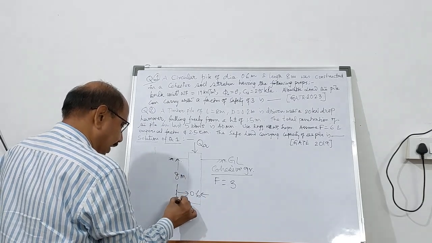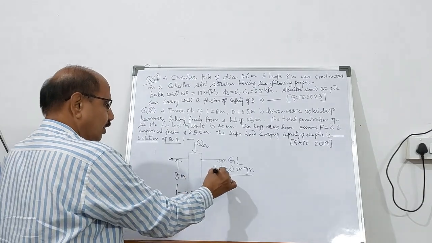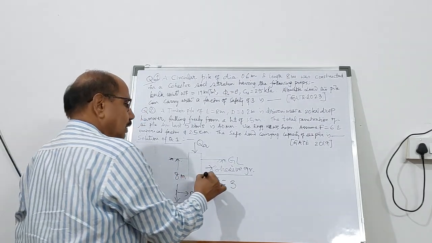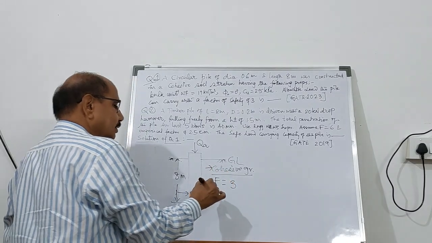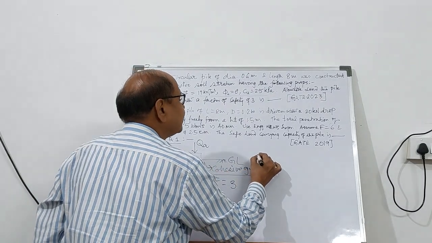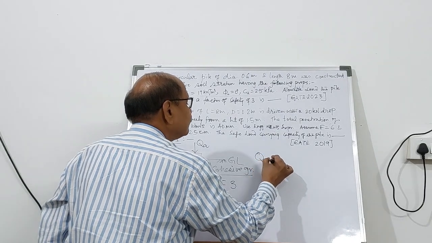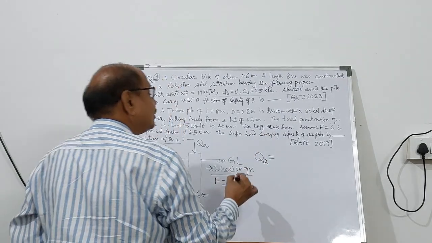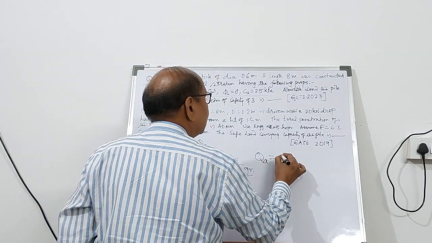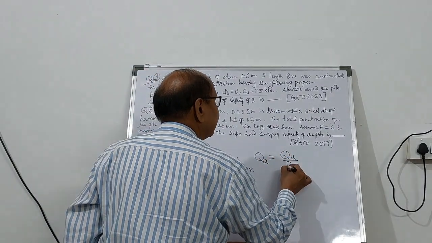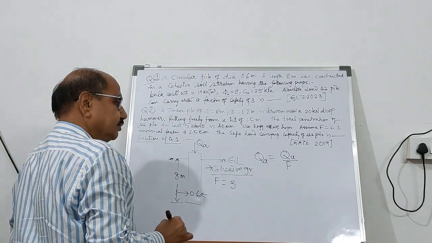So in a cohesive bed, when the ground is cohesive in nature, how do we calculate the allowable load carrying capacity? The formula for allowable load carrying capacity is QU, the ultimate load carrying capacity, divided by a factor of safety.